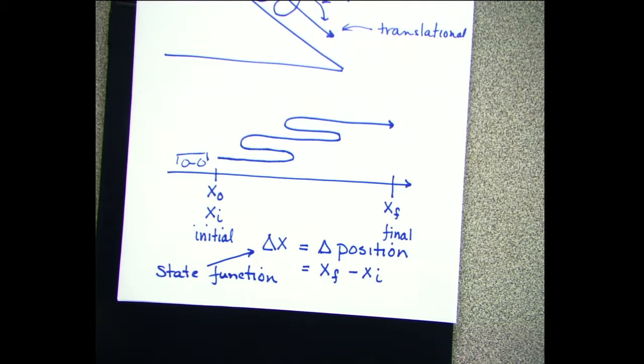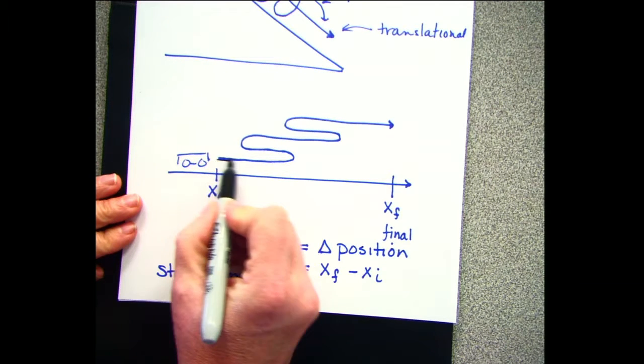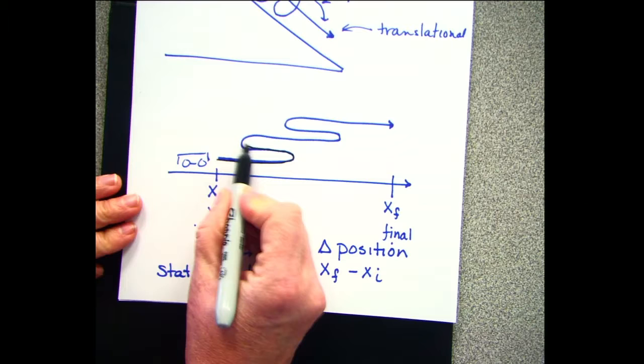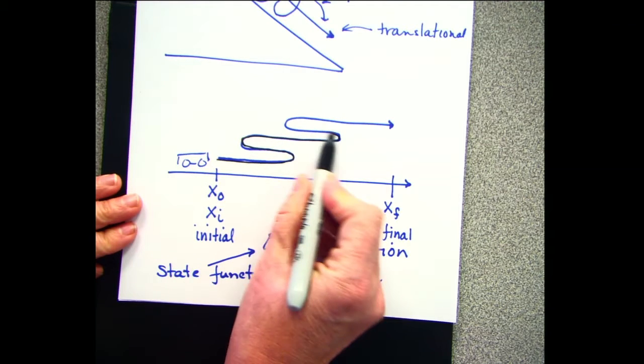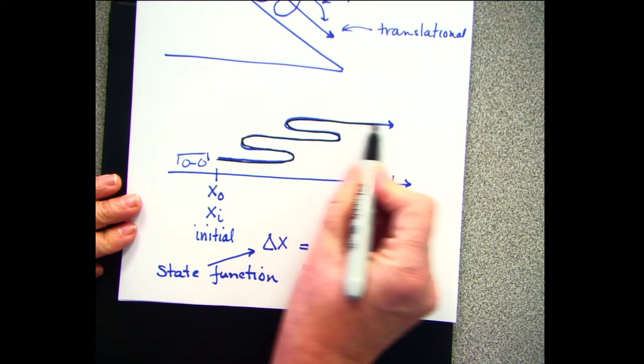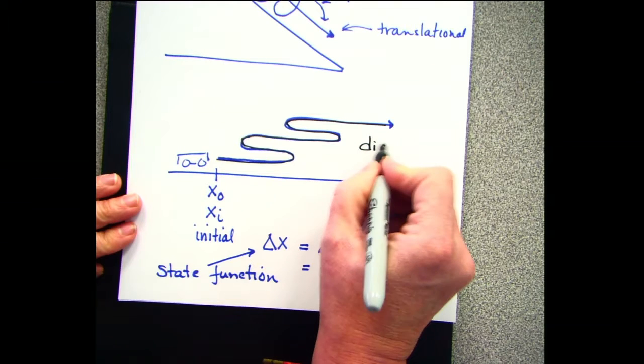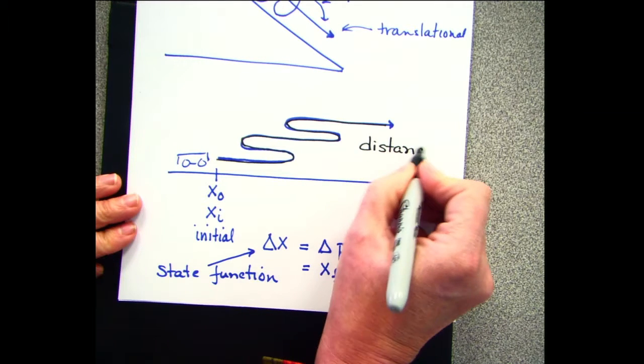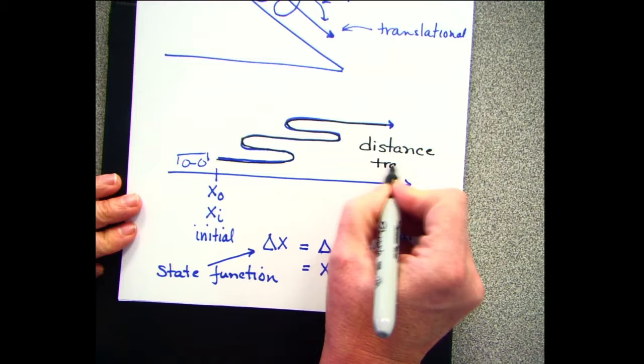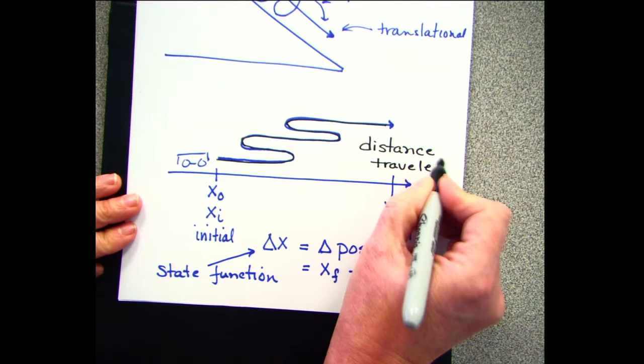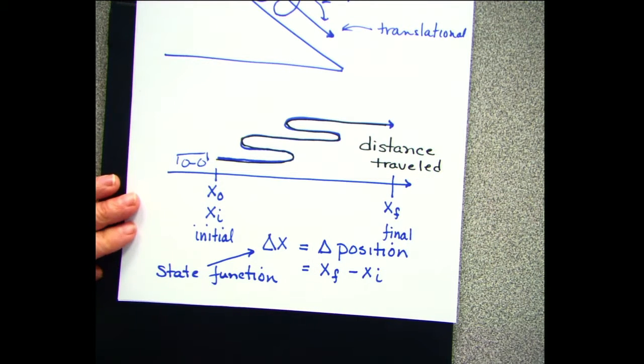But we know, because we've looked at it and we've played with it, that the distance traveled is going to be the sum of this whole thing going back and forth. So my distance traveled is different than my change in position.